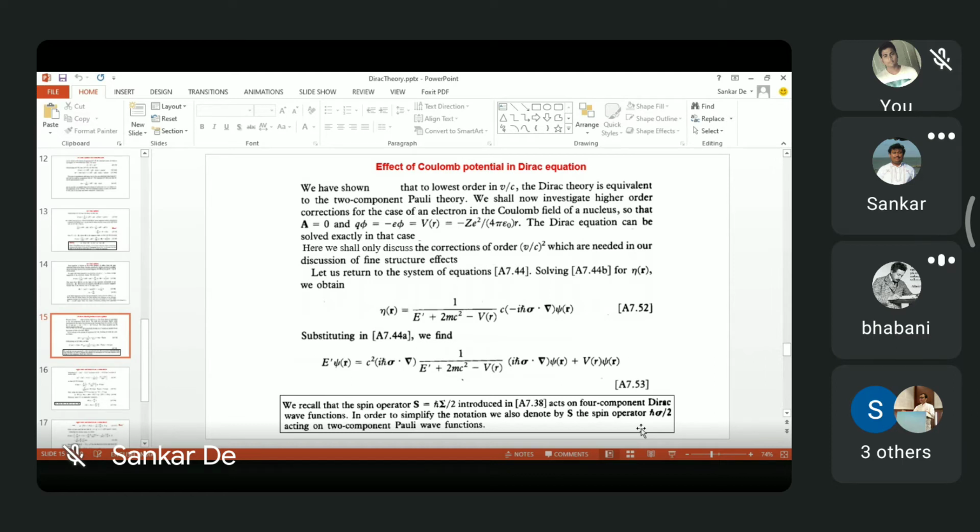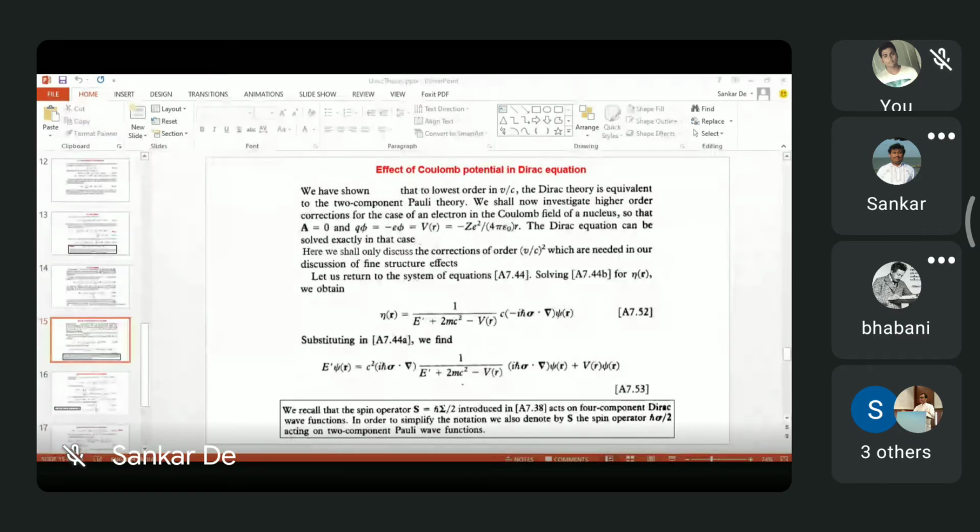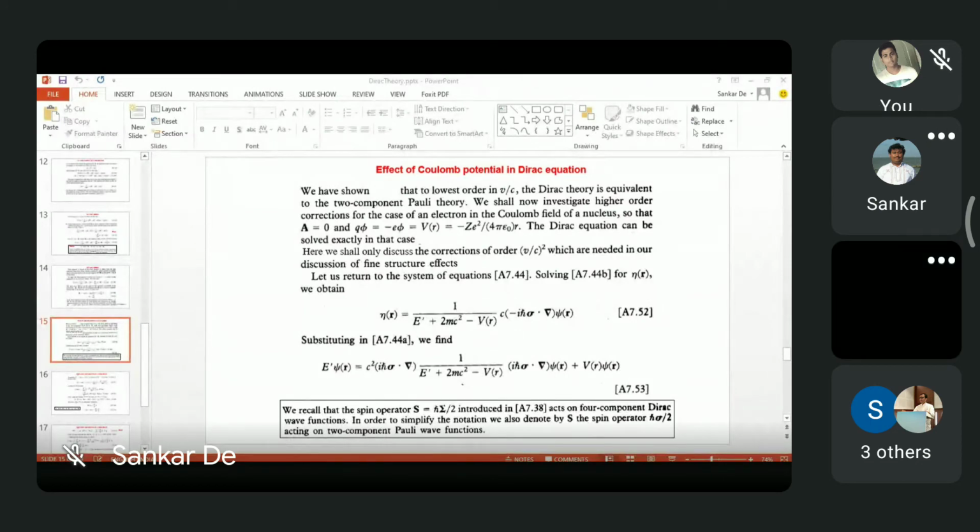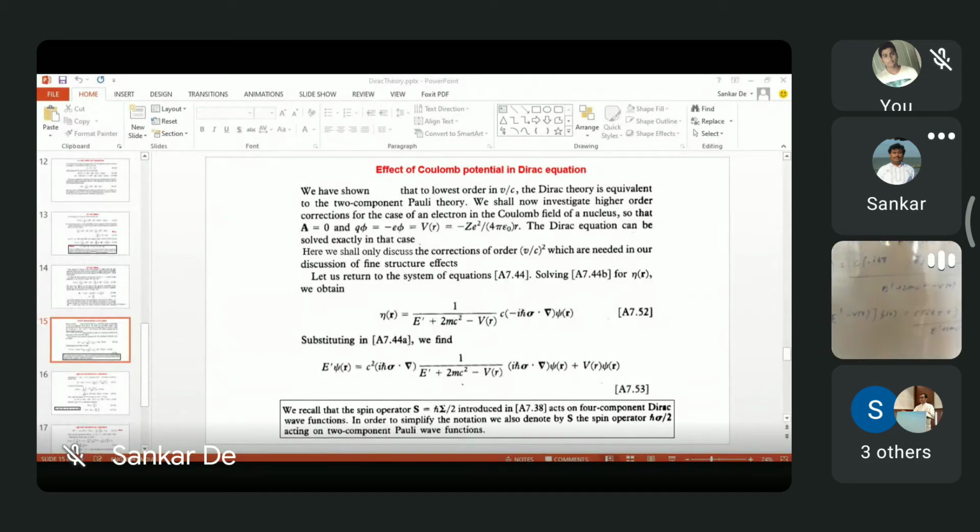Sir, I got it. Should I show you? Yes, sure. Okay, can you see? So this one I got for the eta r, and this was my first equation where I put this one.